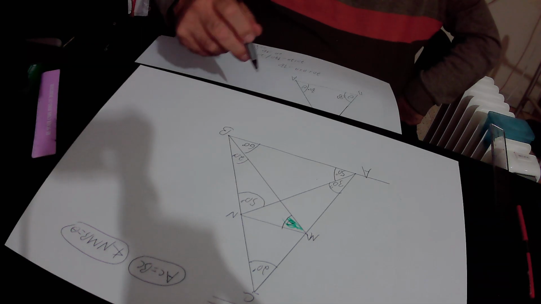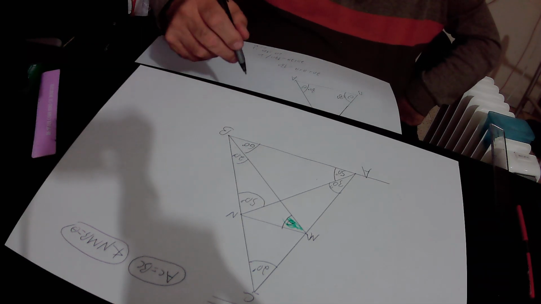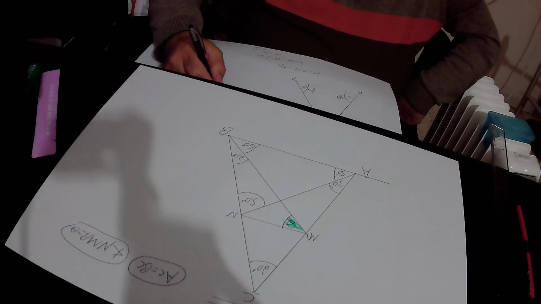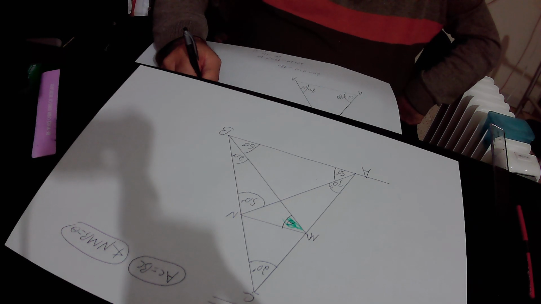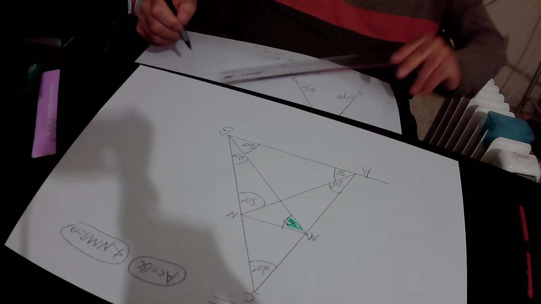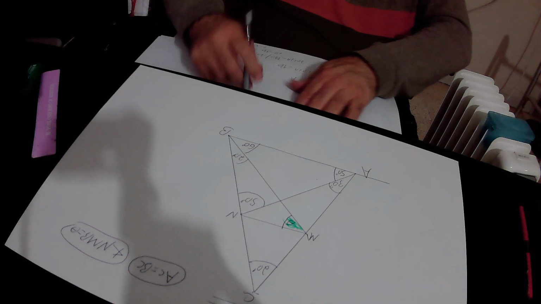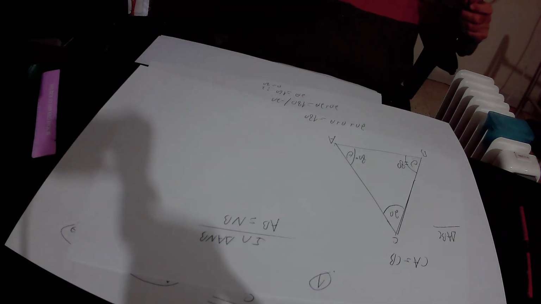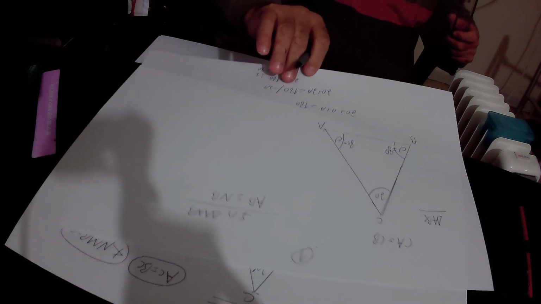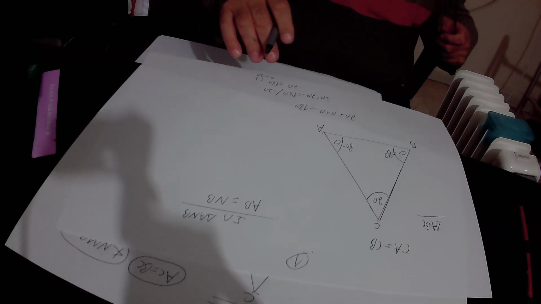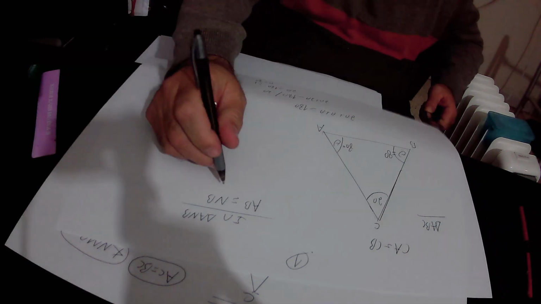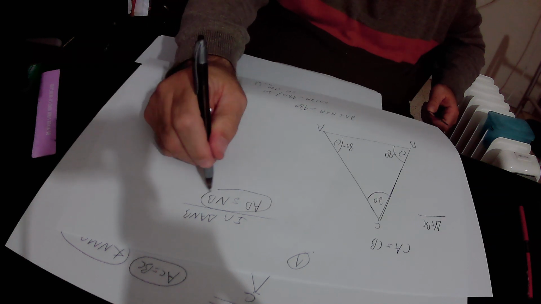Therefore, side AB equals side NB in triangle NAB. Repeat again: according to the rule that in front of equal angles in the triangle there are equal sides, AB equals NB.